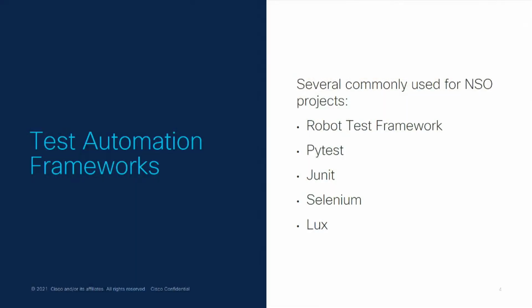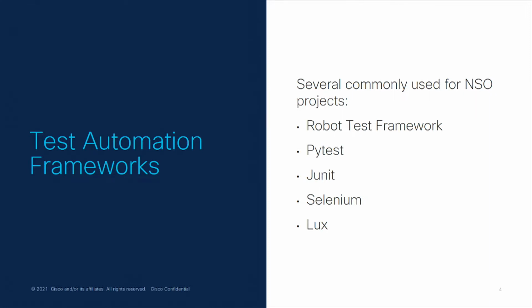All right, so we'll start with a poll to see what test automation frameworks might be in common use out in the field. While you're doing that, I'll just talk about the ones I've listed. The Robot test framework is currently my favorite.